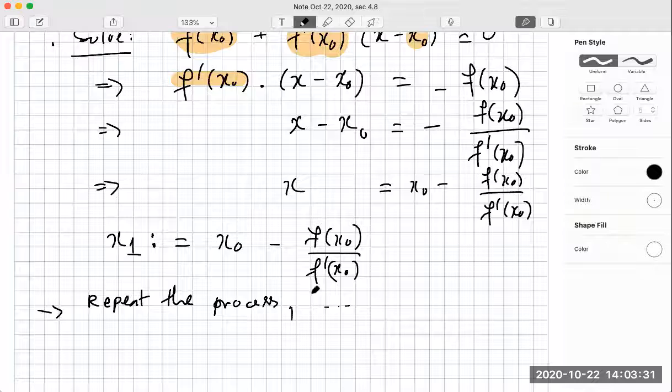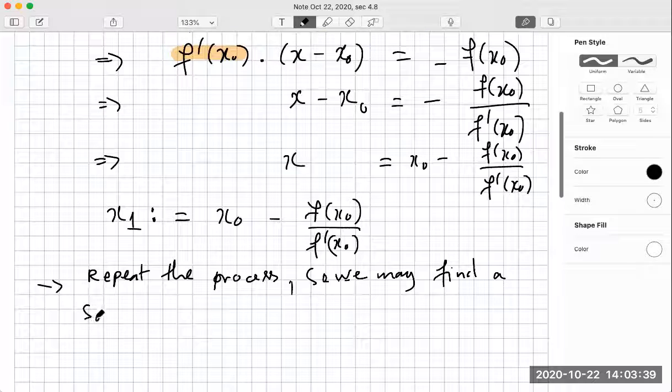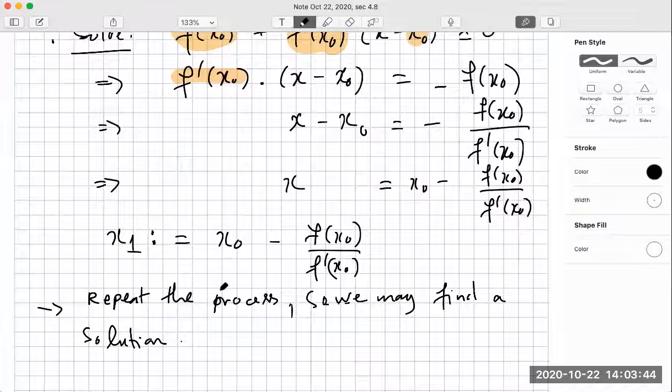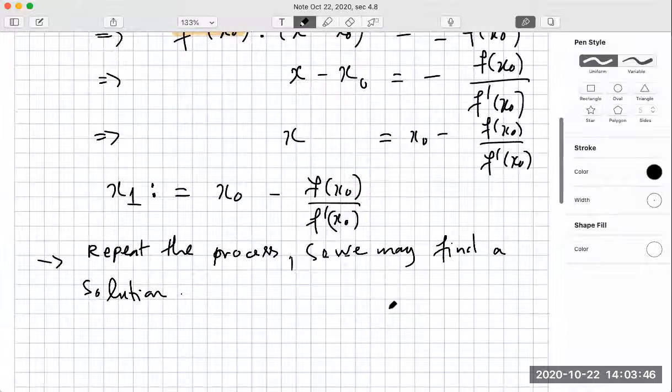So we may find a solution. This is the numerical stuff.